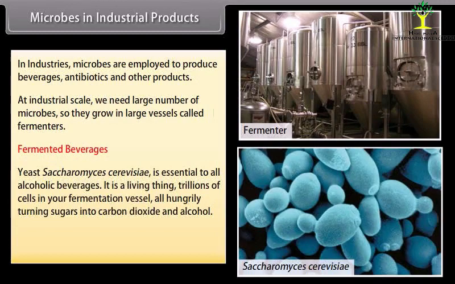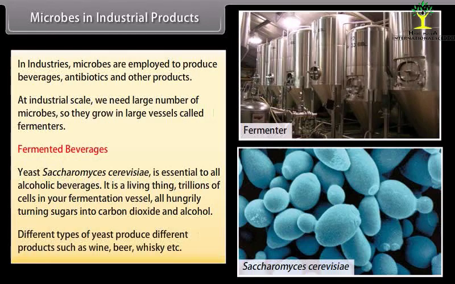Yeast, Saccharomyces cerevisiae, is essential to all alcoholic beverages. It is a living thing. Trillions of cells in your fermentation vessel, all hungrily turning sugars into carbon dioxide and alcohol. Different types of yeast produce different products such as wine, beer, whiskey, etc.